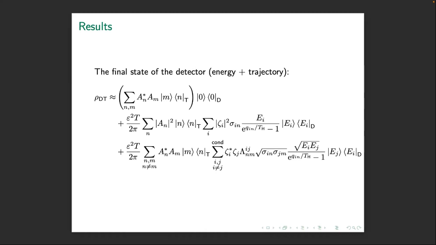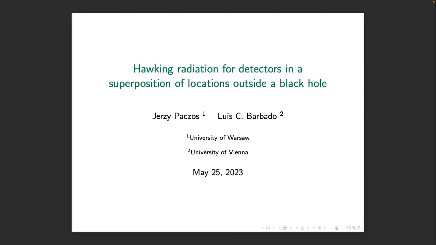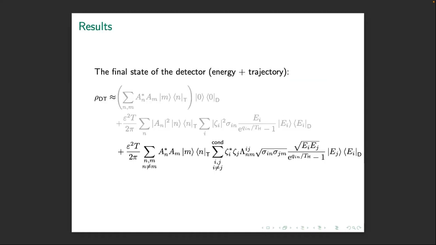And finally, in the last line, we have the true novelty of our approach. This is the sum over the non-diagonal terms, which corresponds to the coherences left in the final state of the detector after the interaction.